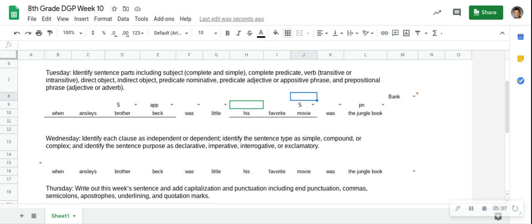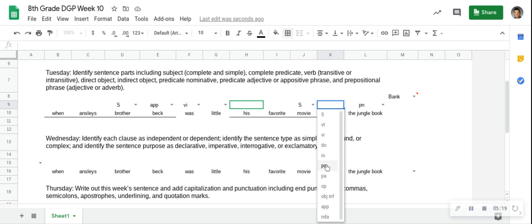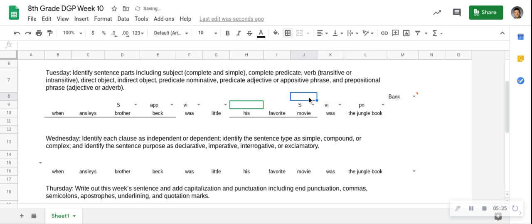No direct objects. Since there's no direct object, they are VI. Because renaming the movie is not a direct object. We're just finding out what it is. So they both are VI.